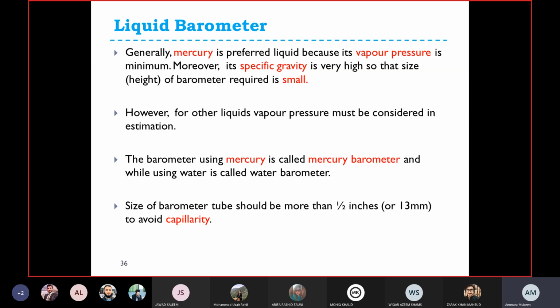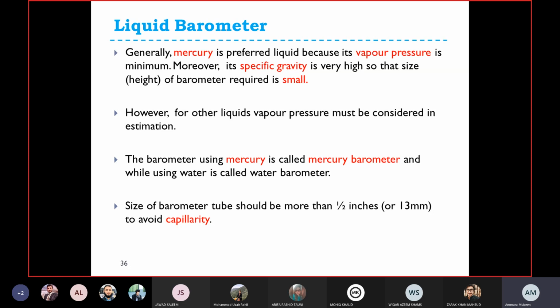Now there is another term which is called capillarity. Capillarity is significant when the size of the tube is less than ½ inch. You might have done some experiments in your FSc or matric in which you consider the capillarity error while measuring any length or height in the fluid using tubes. That is called capillarity error.